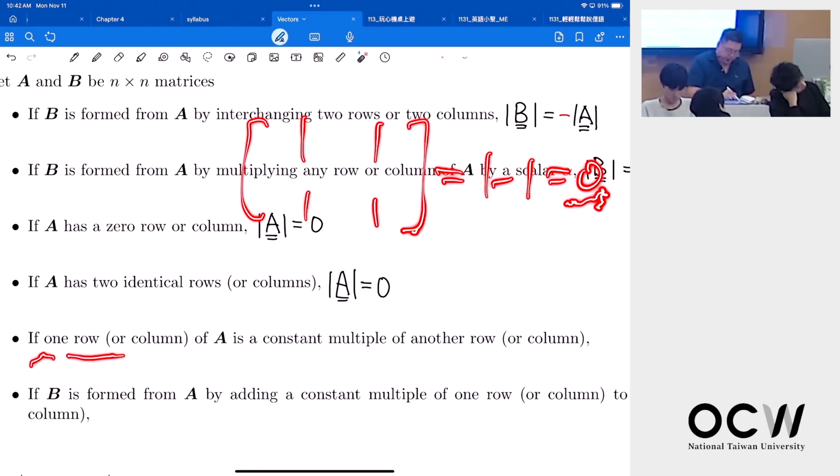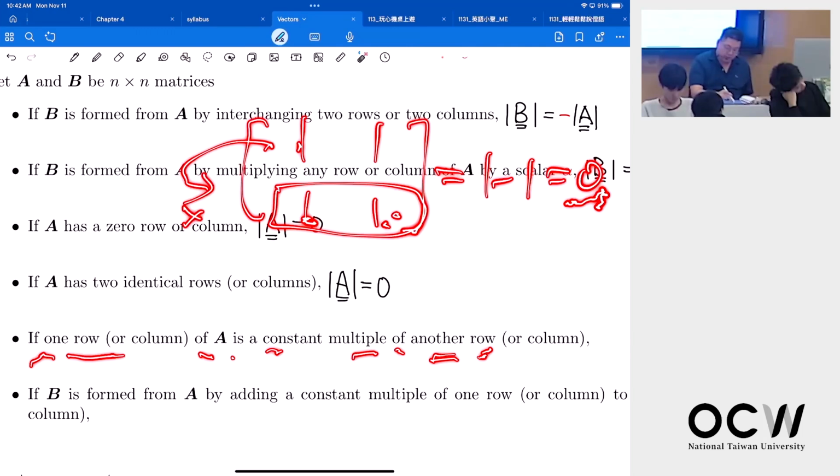If one row of A is a constant multiple of another row, like this one is the first row times 1, then the determinant is 0.